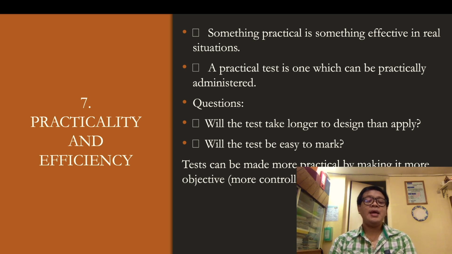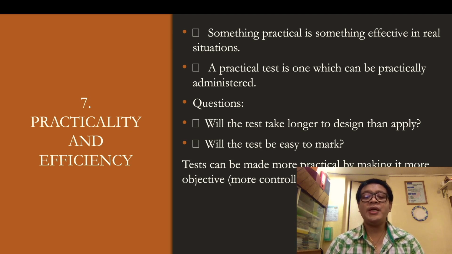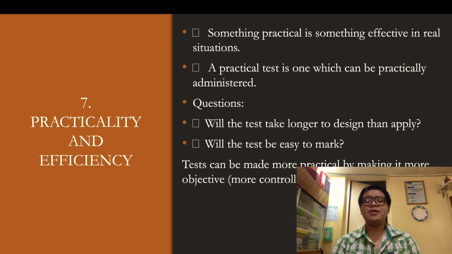So when we say practicality and efficiency, it has to do with being practical and effective in a real situation. A practical test is one which we can practically administer, say, for example, these questions. Will the test take longer to design than apply? Or will the test be easy to mark? Tests can be made more practical by making them more objective, and it's more into controlled items by the teacher.